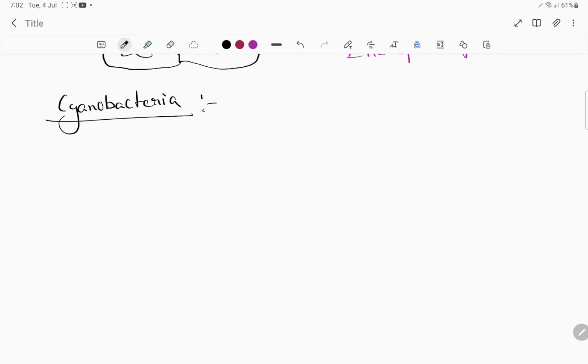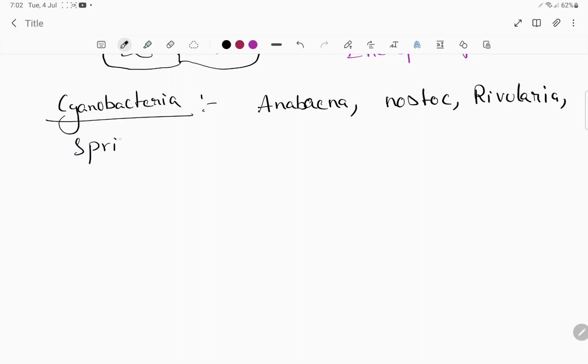Some common examples of cyanobacteria are Anabaena, Nostoc, Rivularia, Spirulina.